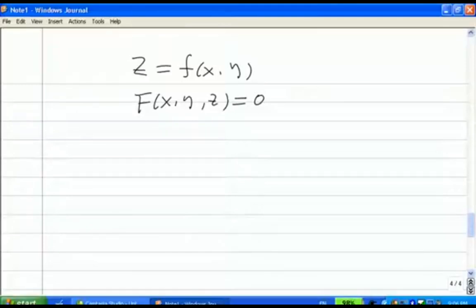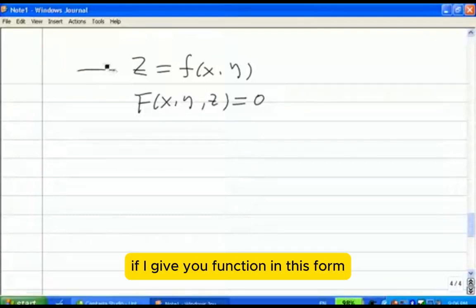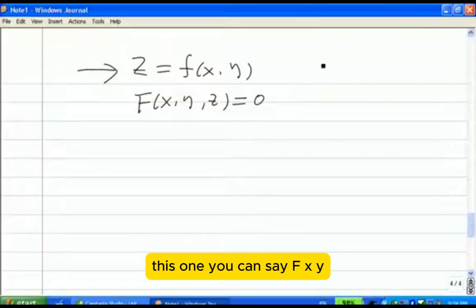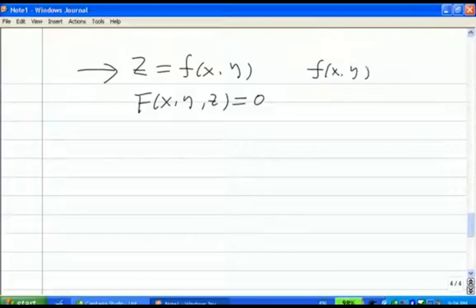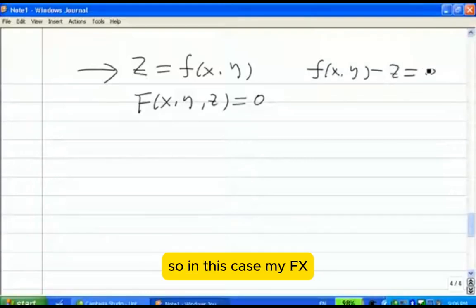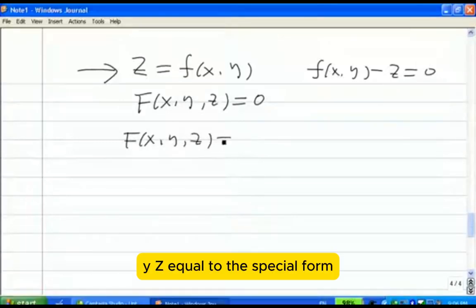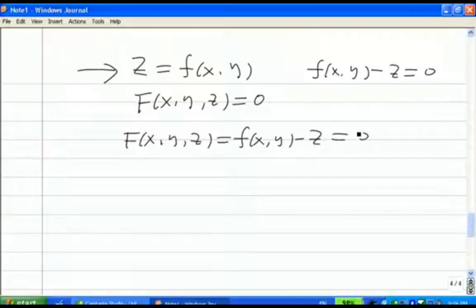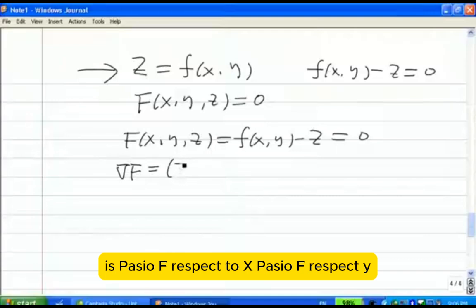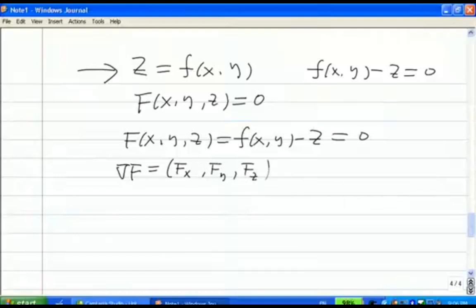In fact, if I give you a function in this form, you can really write it like this: F(x,y,z) = f(x,y) minus z equal to 0. So in this case, my F(x,y,z) equals this special form. Therefore, my gradient F is partial F with respect to x, partial F with respect to y, partial F with respect to z.